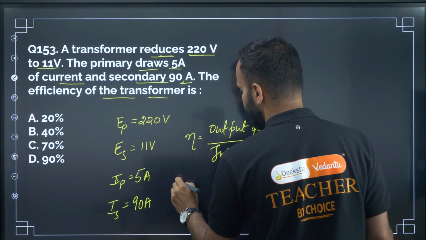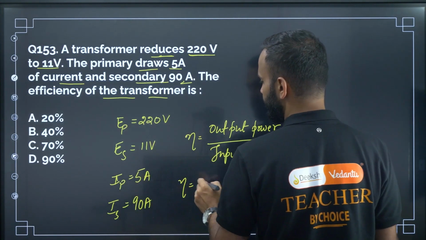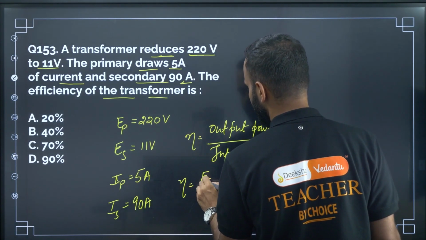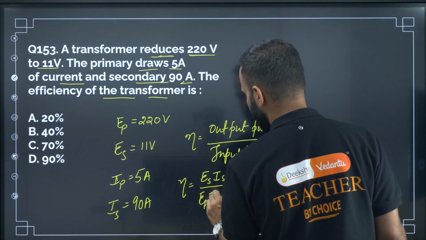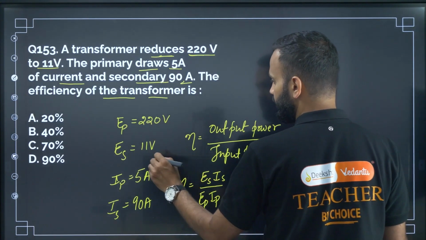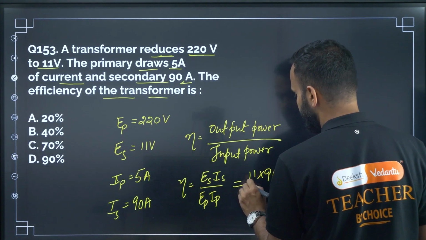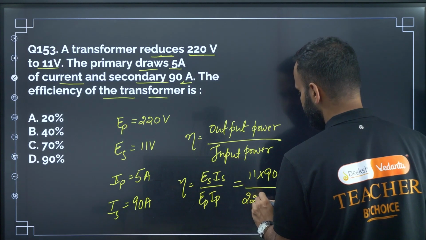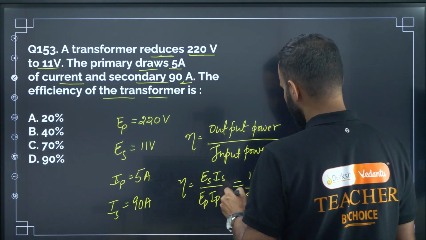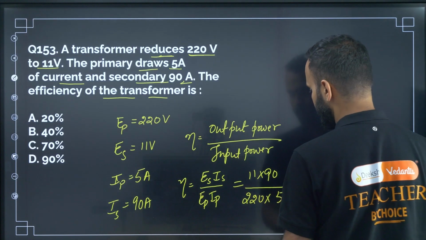Now eta is equal to output power, which is ES into IS, divided by input power, which is EP into IP. Now ES is 11 volt into IS is 90, divided by EP is 220 into IP is 5, right?